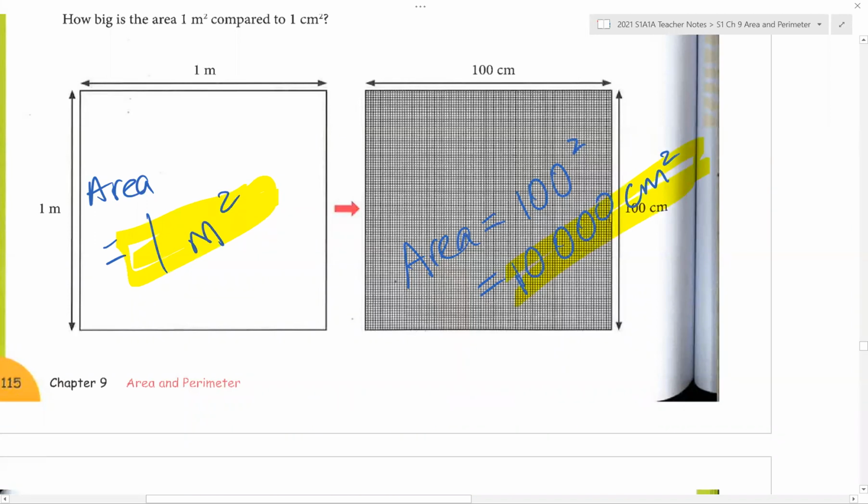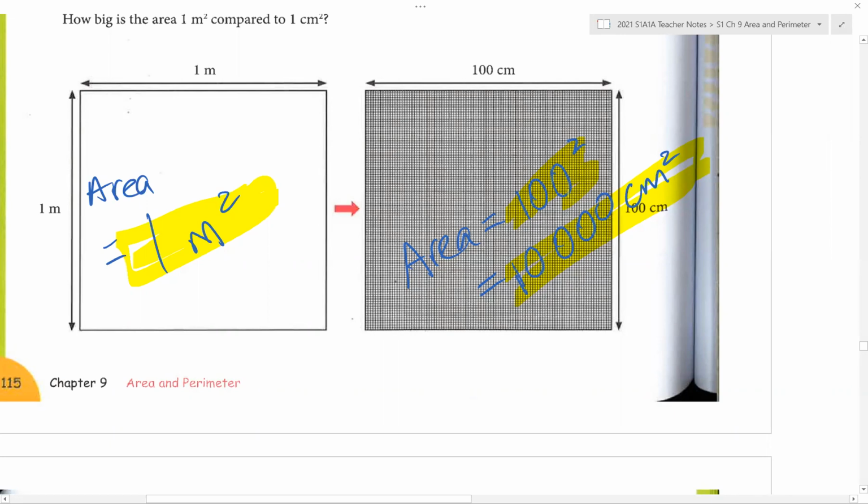Why did that happen? Because we had 100 times 100. What exactly is happening? Hey, look, our 1 meter is made of 100 cm. I can divide this into 100 squares, as shown over here. Every tiny square is 1 cm.